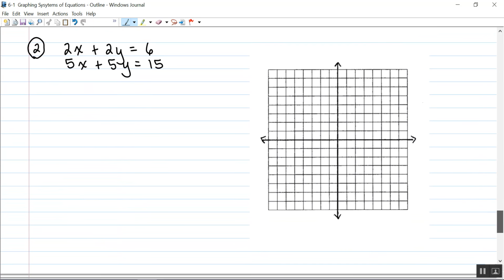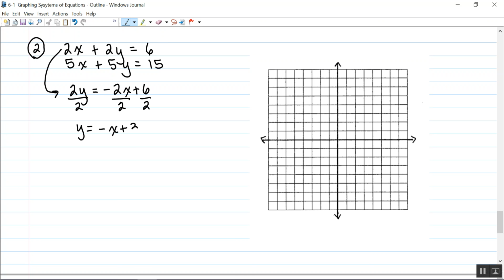Okay, my second example here, I have the two lines 2x plus 2y equals 6 and 5x plus 5y equals 15. Again, I need to write these in y equals mx plus b form to make it a little bit easier to graph these. I guess you could graph them using x and y intercepts, but I like y equals mx plus b. So subtracting 2x from both sides and dividing by positive 2, I have the line y equals negative x plus 3.